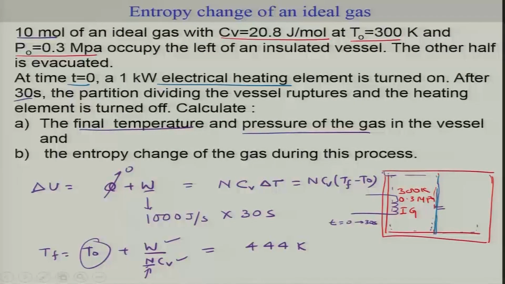So what I am going to do is erase this part, because essentially I am going to consider this, which expands here. So actually I am looking at the initial volume, which is this half, the first compartment, and the final one is this, the first and the second compartment.